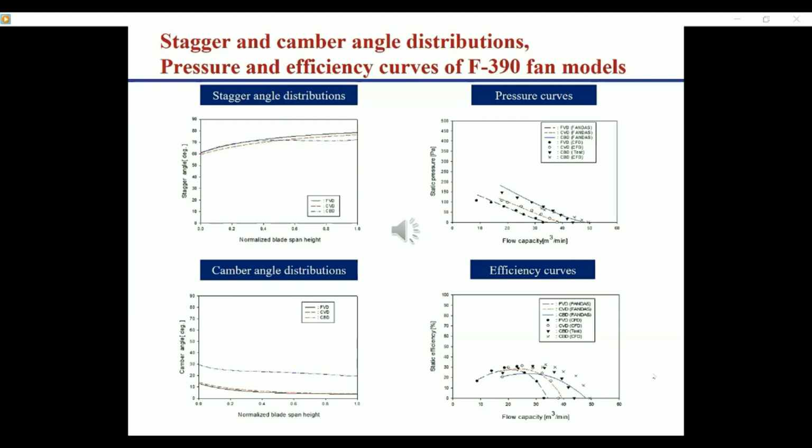It can be seen in the right figure. The Fandas predictions agree with the CFD and test results. The performance and the efficiency of the CVD fan are more improved than the FVD and the CVD fans.